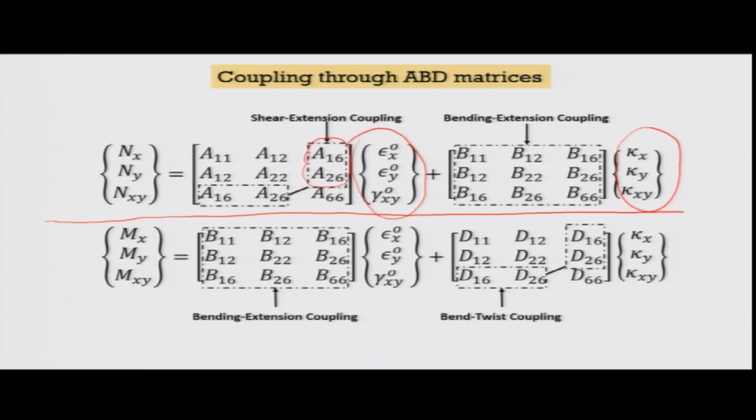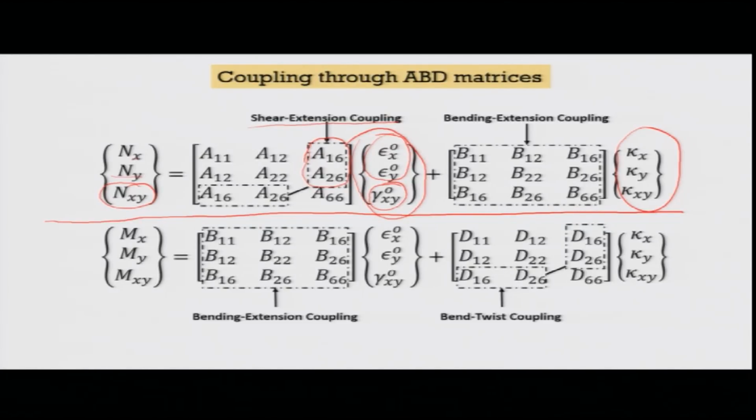If the matrix becomes fully populated, then if I apply the normal forces, we will be able to generate shear strain, because of this coupling, and vice versa. If I apply the shear force, we will be able to generate strains in the normal direction. That is why A16, A26 are commonly referred to as shear extension coupling.